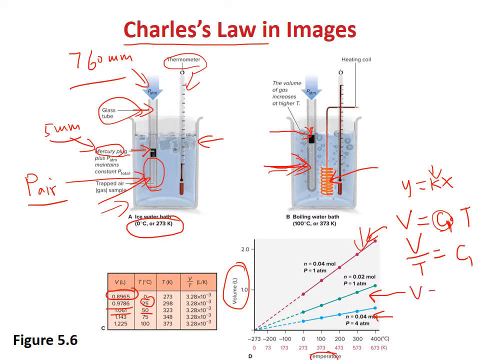So volume equals C2 times T, V equals C3 times T. But in any event, volume and temperature are proportional to each other. The plot is linear. So volume divided by temperature is always a constant.